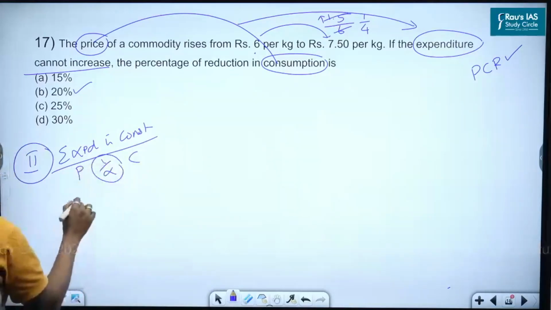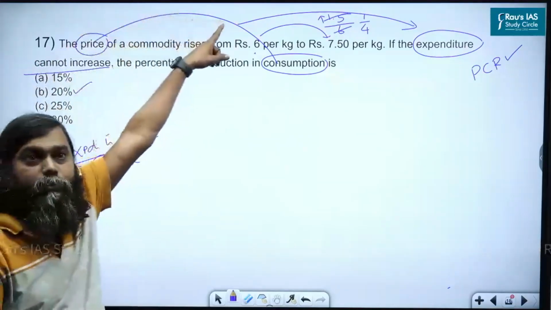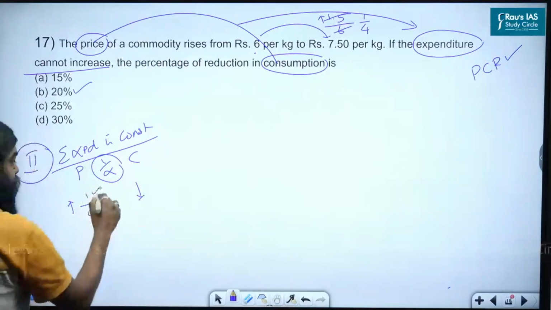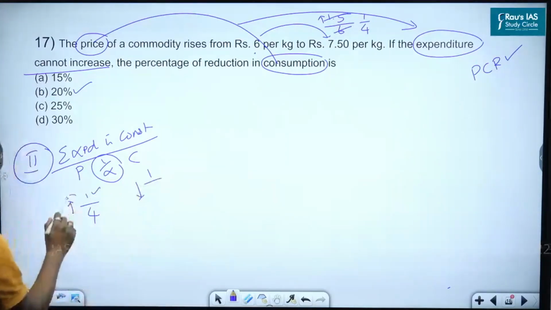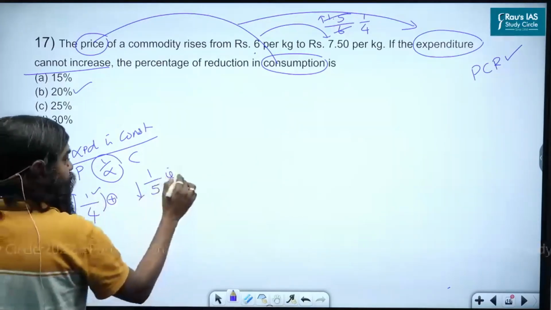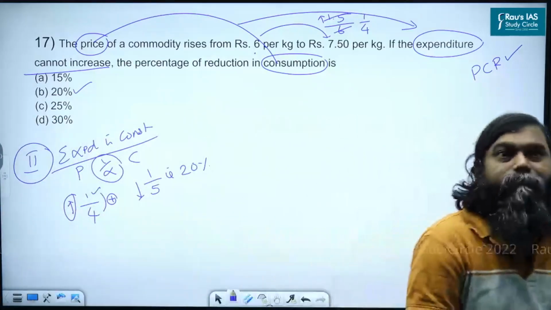Price increased by 1 by 4, Madam Ji. What is 1 by 4? Here increasing, so here decreasing. Whatever the numerator, same numerator. Reference is increasing, so add numerator and denominator, that is 5. 1 by 5 means 20%. Okay, yes, sir. Got it? Yes, sir.